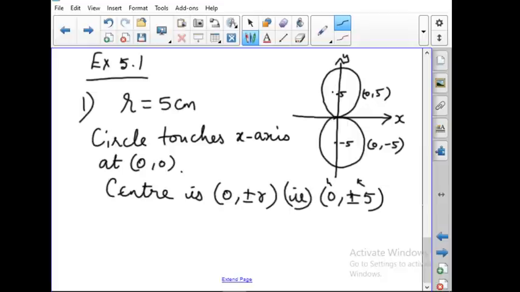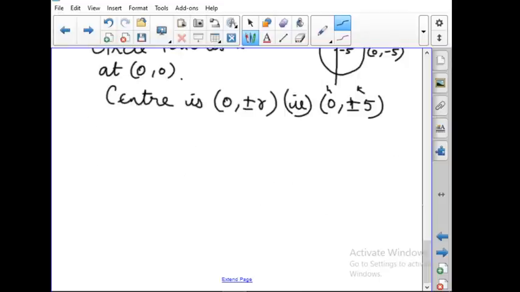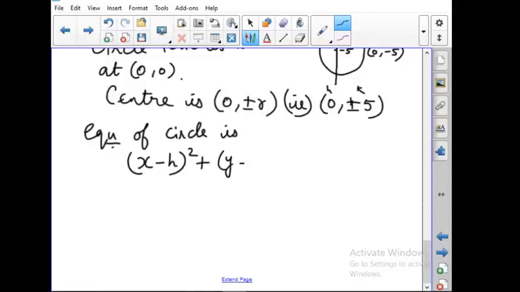Okay. Now, let us write down the equation of the circle. It is given that radius is 5. So, now equation of circle is, what is the equation of circle? x minus h the whole square plus y minus k the whole square is equal to r square. Here h is 0.